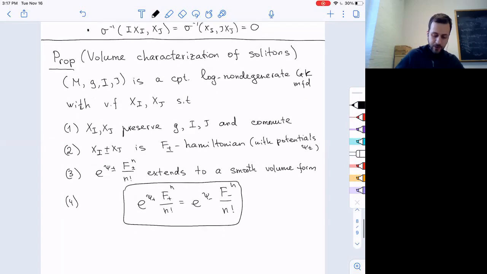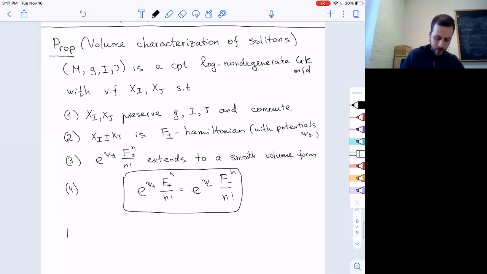If you have these two vector fields and they satisfy this list of properties, then your manifold is a generalized Kähler Ricci soliton, again gradient steady, with potential.